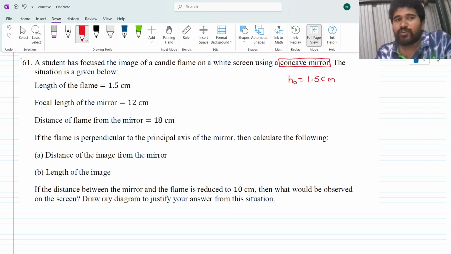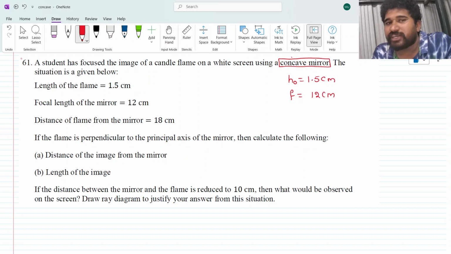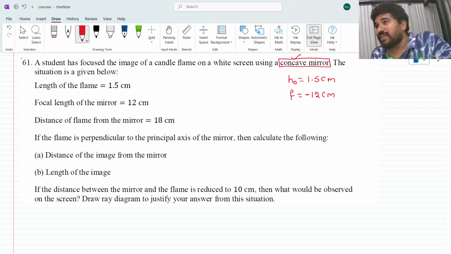Next, focal length of the mirror. F is equal to 12, but since it is concave, I have to keep minus 12. Yes or no? Focal length for concave is minus, and for convex it is plus. Next, distance of the flame from the mirror.